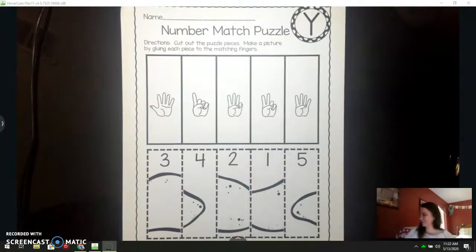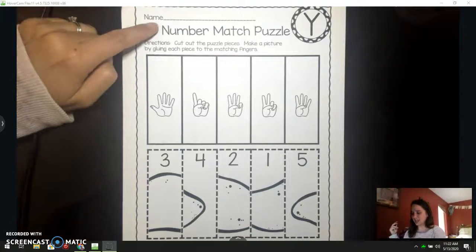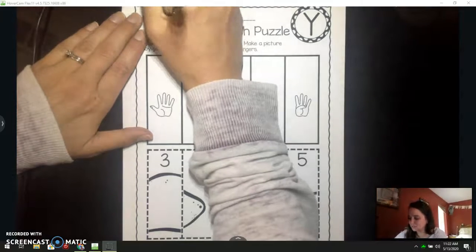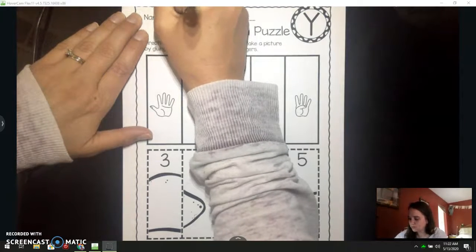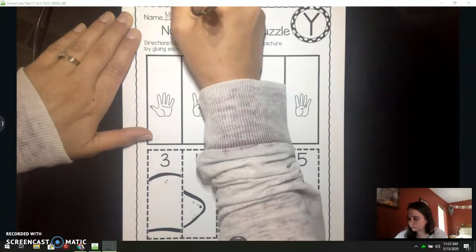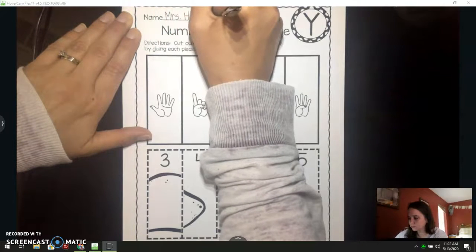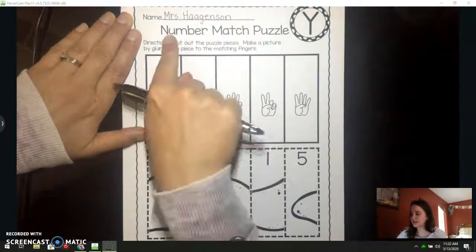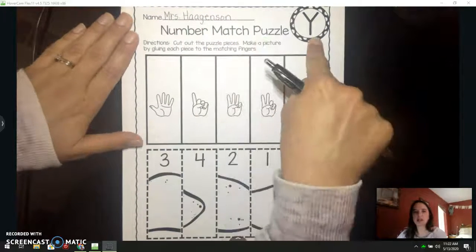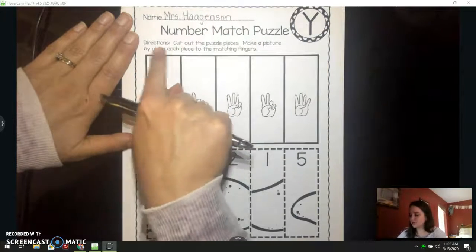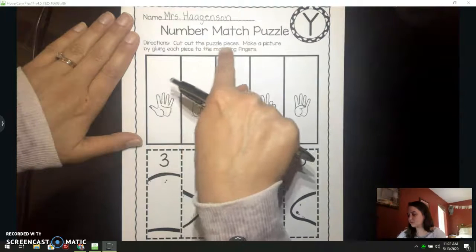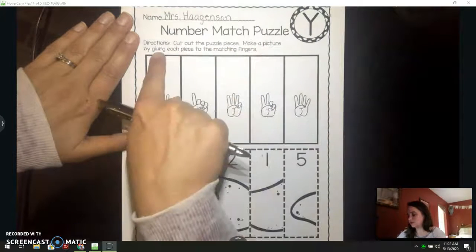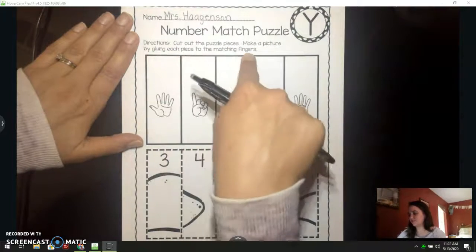Let's write our name at the top. N-A-M-E says name. It says number match puzzle. The directions say, cut out the puzzle pieces, make a picture by gluing each piece to the matching fingers.